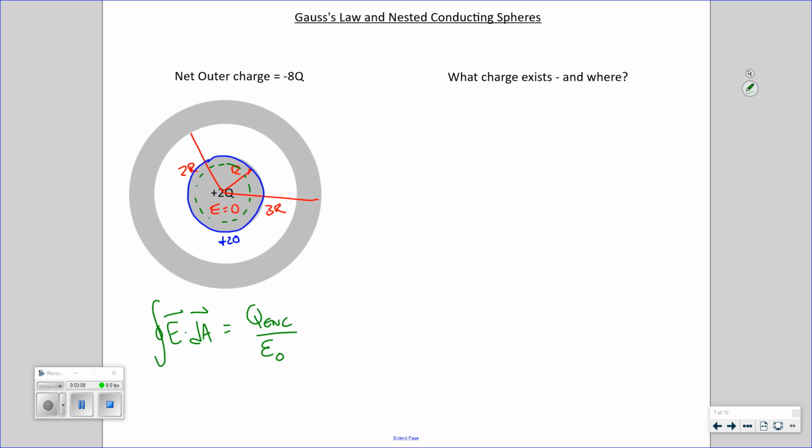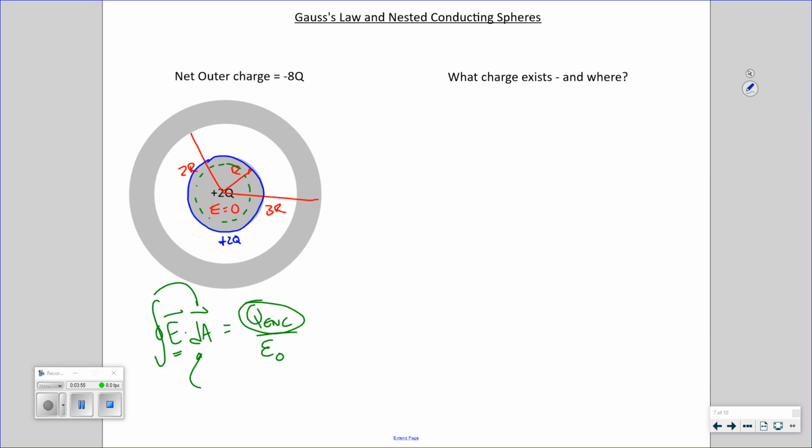The dA are on my Gaussian surface, this green sphere in here, and the only way for E to be 0 is if that surface encloses 0 charge. So there's no net charge on the interior of that sphere. All net charge exists on the surface. So the outer surface of the inner sphere contains charge positive 2q.